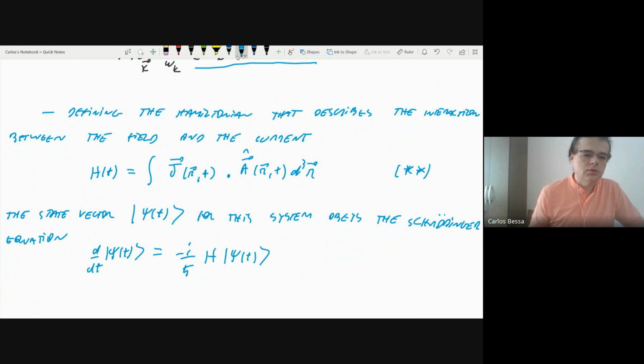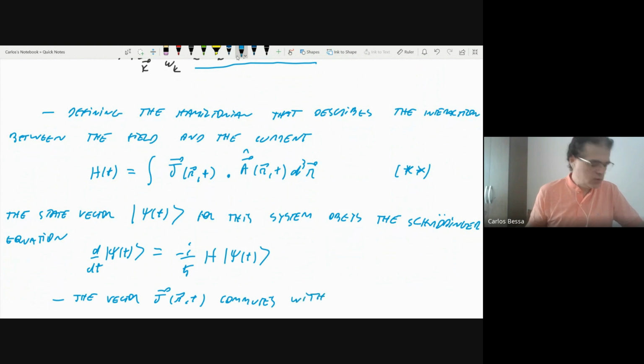Okay, we can see some properties. The vector J of R and T commutes, it's a classical thing, with itself at different times.